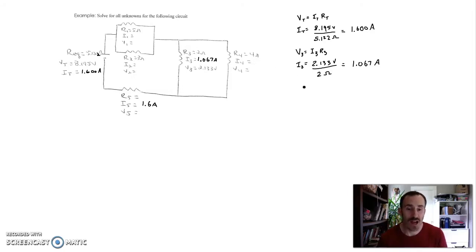And so figuring out I4, it turns out, is not a big deal if I remember that junction rule. So I4 is going to be equal to the total current, IT, minus I3. And that's 1.6 minus 1.067, which gives me 0.533 amps. That is I4.